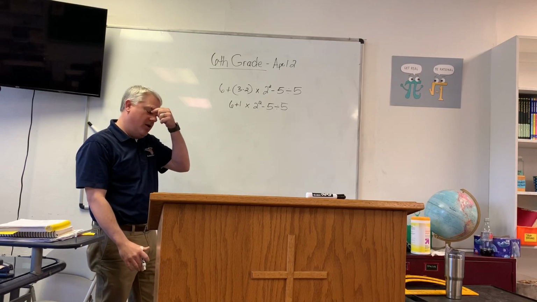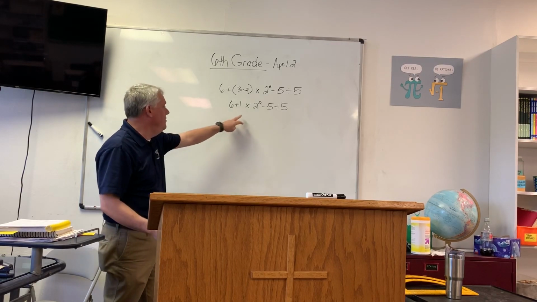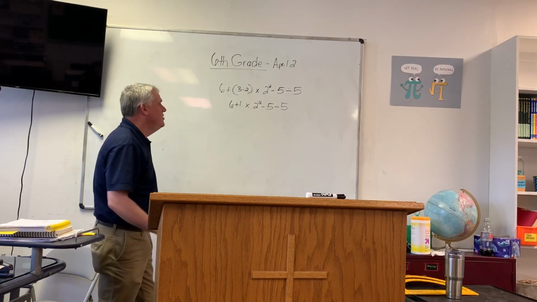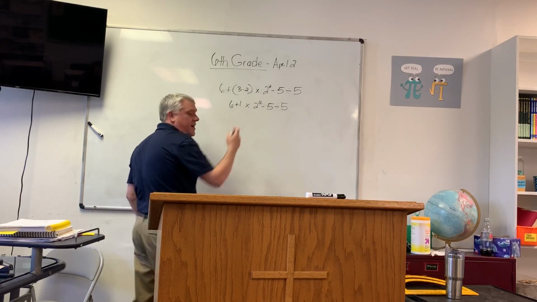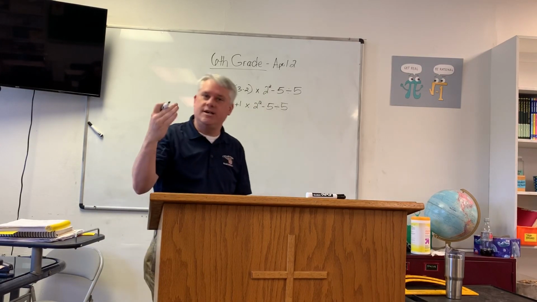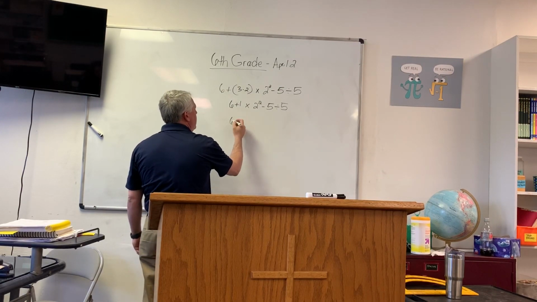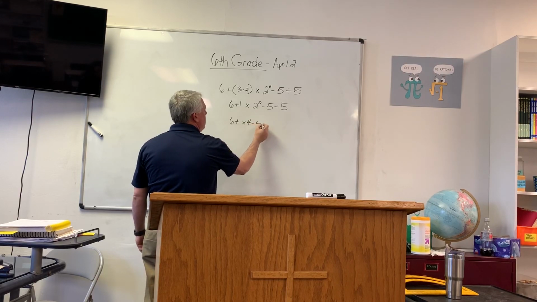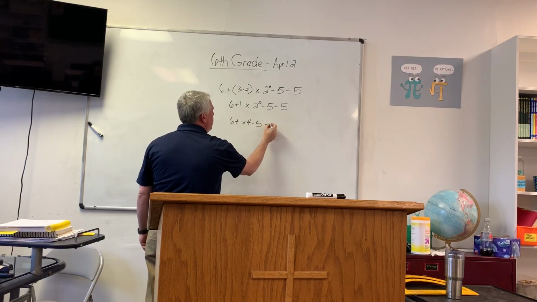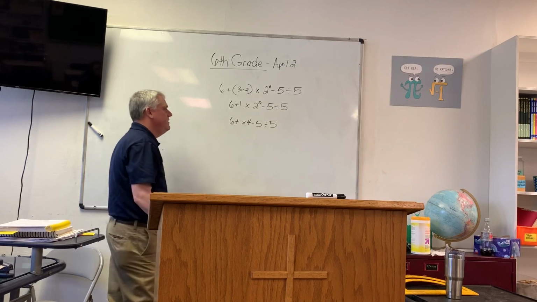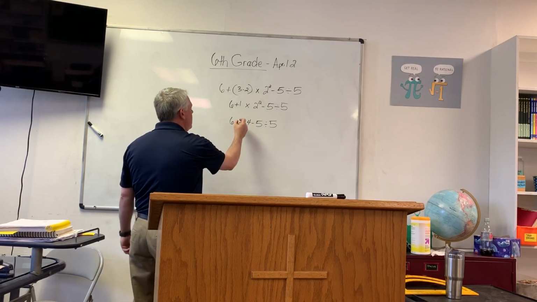Do I have powers? Yes, I do. I have one exponent here, so I need to solve it next. 2 squared. 2 squared means 2 times 2. That is 4, of course. So I'm going to rewrite my problem again. 6 plus 1 times 4 minus 5 and divided by 5.